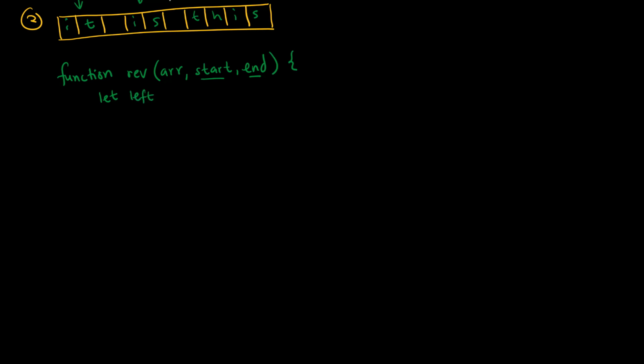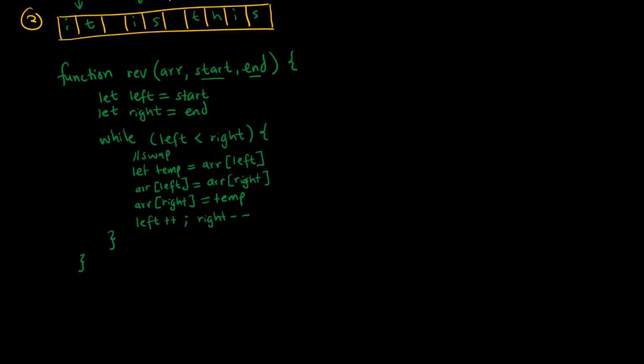Last time we had left equals 0, this time left equals start. Then right equals end. Last time it was array dot length minus 1, and the rest remains the same. I put the link to this code in the description if you'd like to have a look at it.